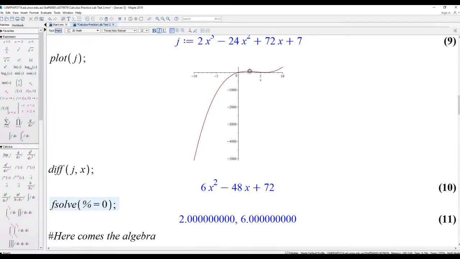So you can see here, the function has a stationary point around here and another one around here, just from the graph. And so between those 2 stationary points, the function is going to be decreasing. I can see that from the graph. And in particular, that interval contains the point 3.7.